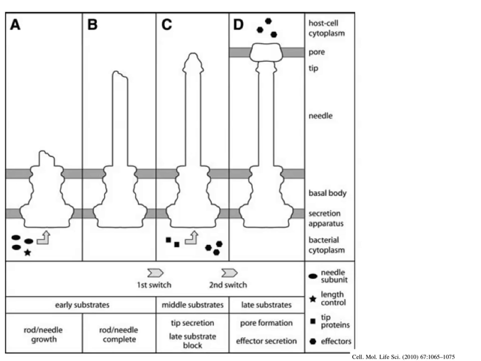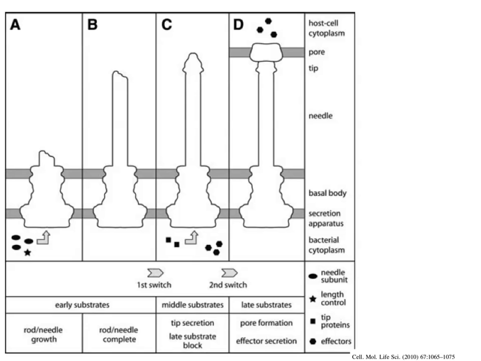Now, I'm just not going to go into detail here, but I mentioned earlier this just-in-time mentality, that there is this program of events where you get switching going on as the system is being produced. And there are at least two switches that have been identified, where we have early substrates, middle substrates, and late substrates.